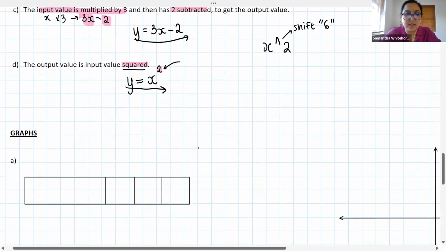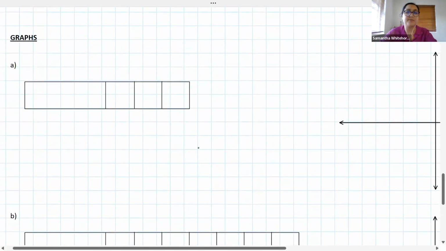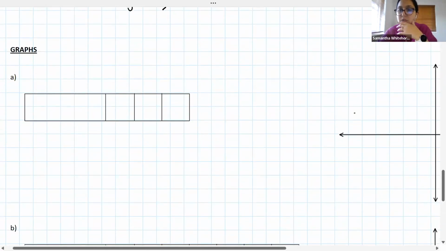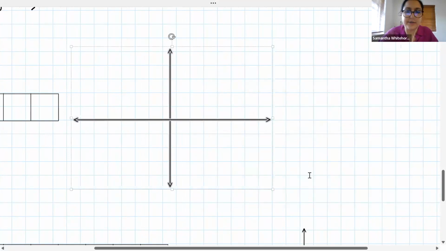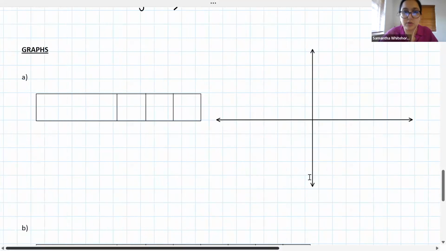Alrighty, guys, let's get into this graph stuff. It looks a bit blank because we are going to chat about this first one together, and then we will see where we're at. Whenever we draw a graph, it's going to be on a Cartesian plane.